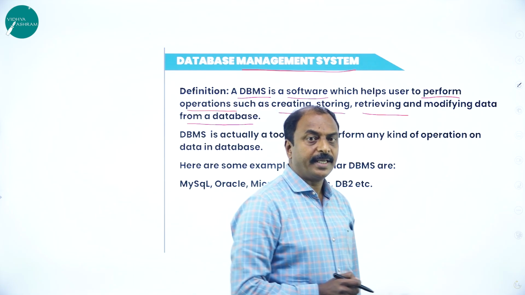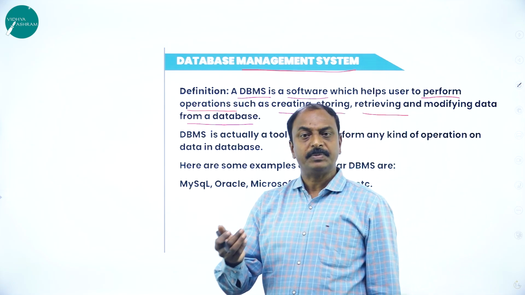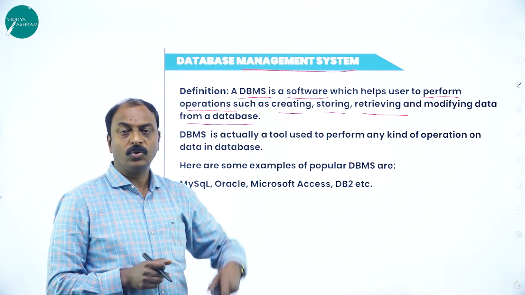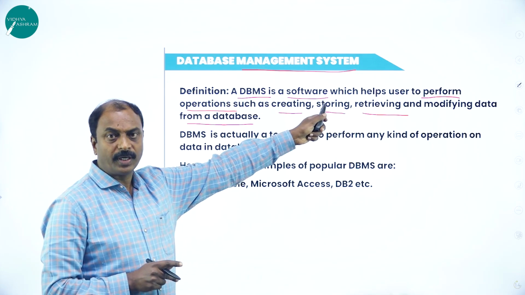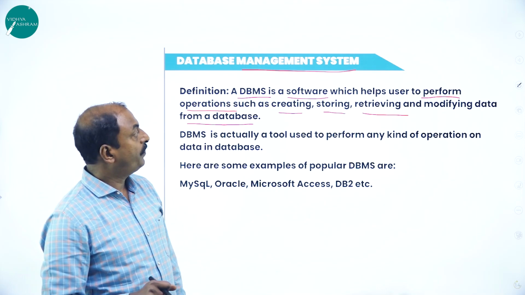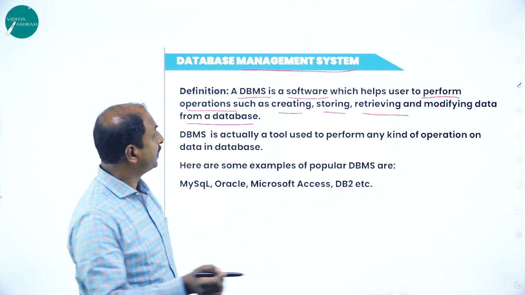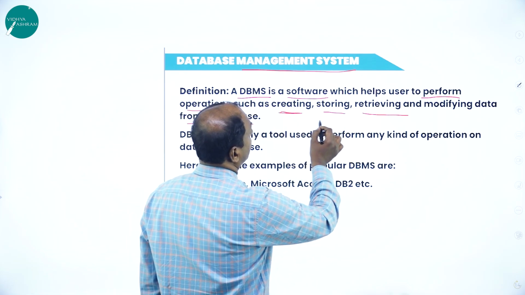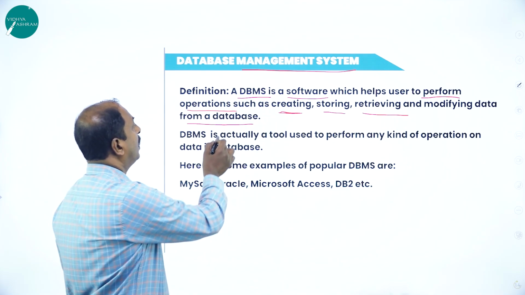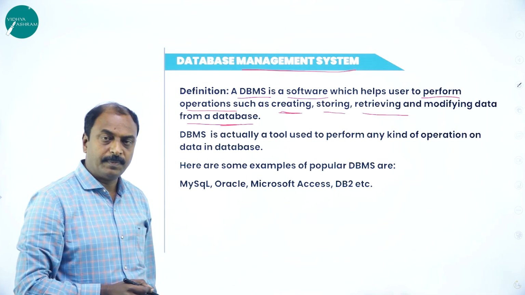Database is a place where we can store different forms or types of data, and database management system is a software. So we are using DBMS software to work with the data or database. If I say work with database, we can have different types of operations: creating, storing the data, retrieving, modifying different data in a database. So this is the definition of DBMS.